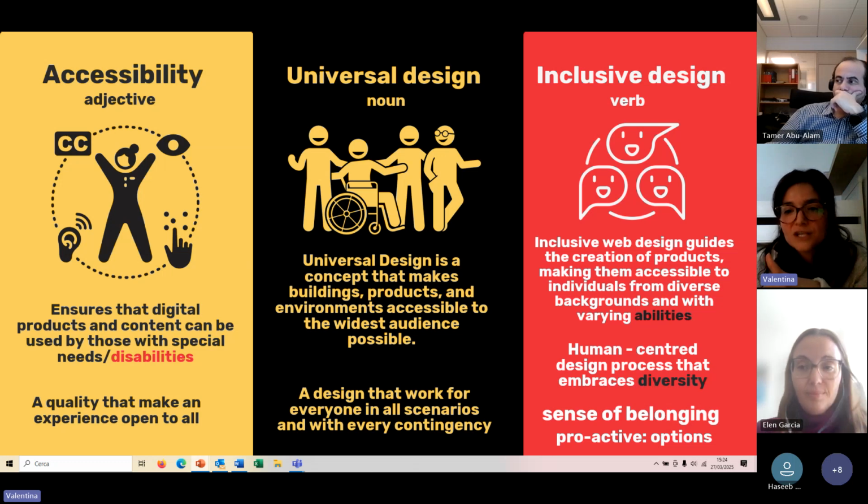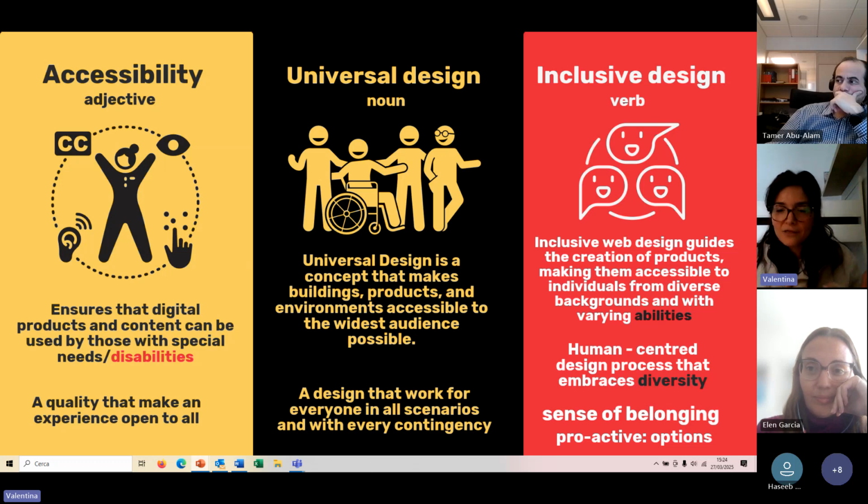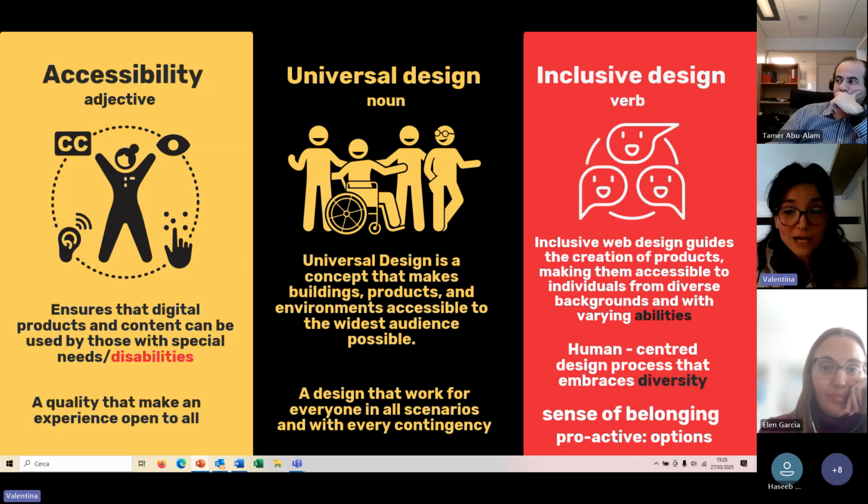We should consider the individuals, not from their needs, but individuals from diverse backgrounds, the different abilities that they can express in some way. So inclusive design embraces what we call diversity.